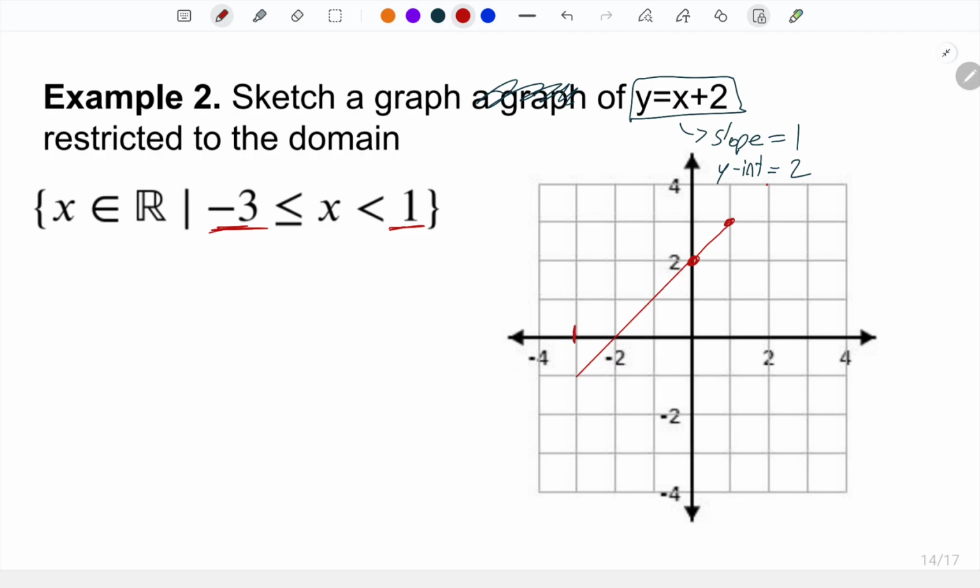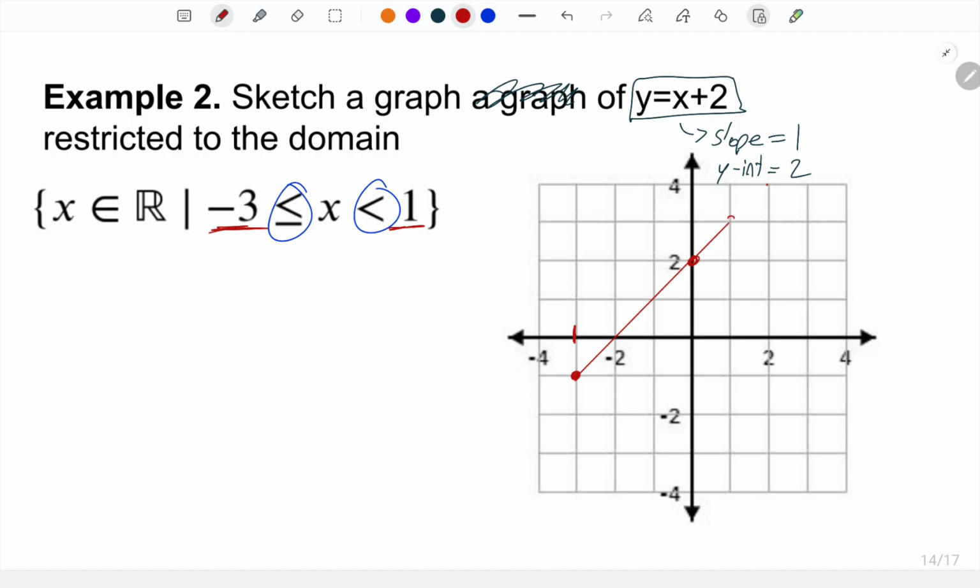Again, we're looking at x values. And then 1, well, 1 is what we have right here. So I'm just going to cut it off there. And then let's pay careful attention to the signs. The first one is less than or equal to. So on the graph, we want a filled in dot there. That indicates that we reach that value of -3. Whereas on the right-hand side, x is getting up to 1, but we don't actually reach the value of 1.